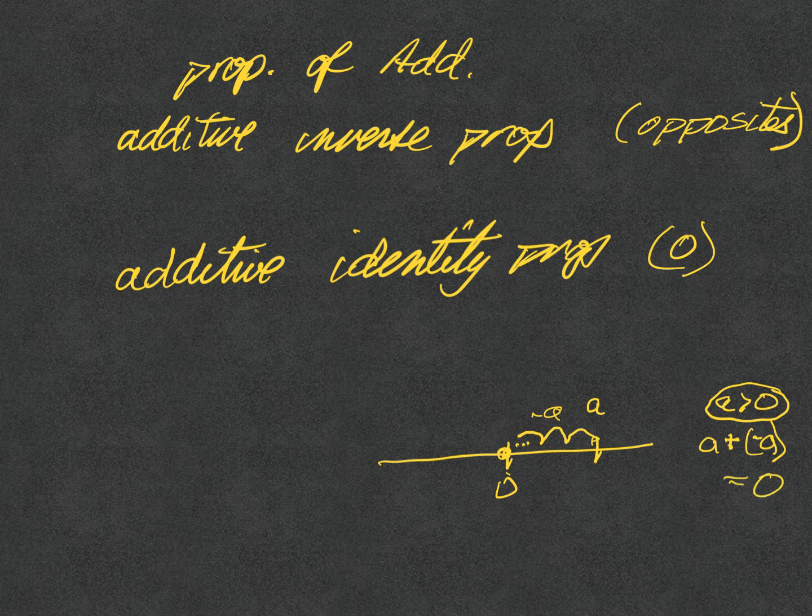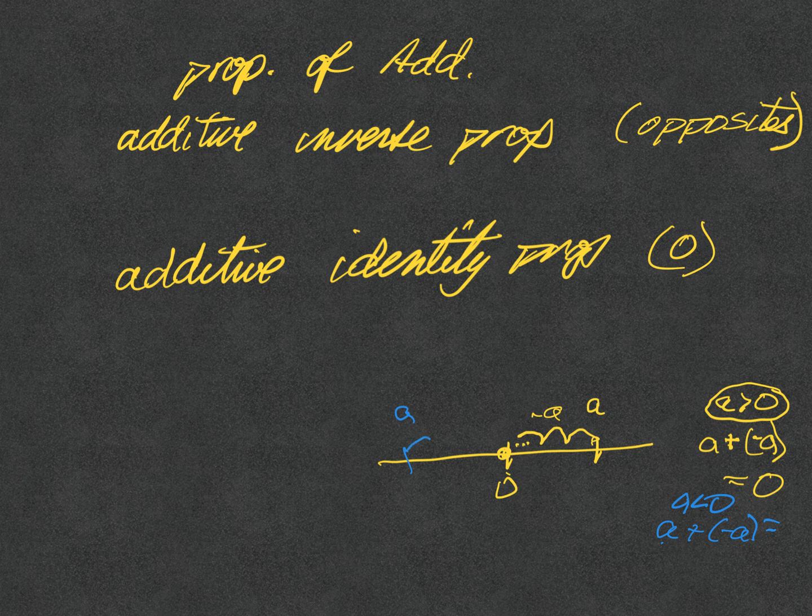Well, what if I started with a as a negative number? So now I'm out here and a is a negative number. So a is less than 0. So what would a plus the opposite of a be? Well, if a is a negative, then the opposite of a is positive.